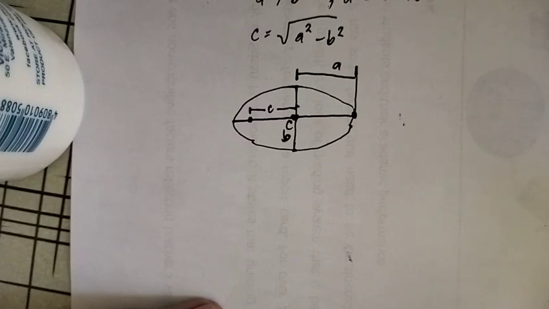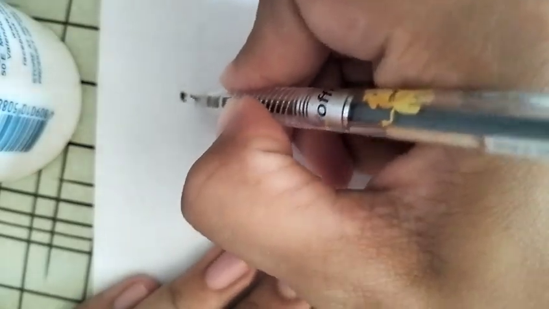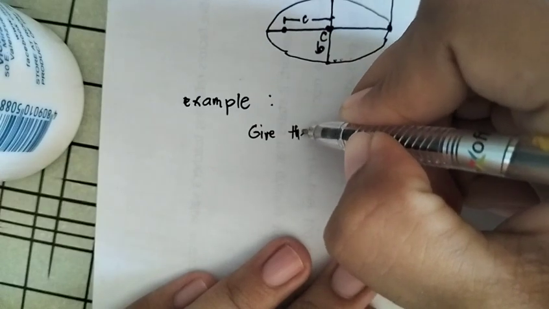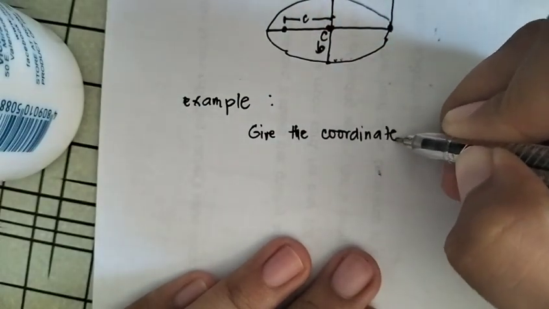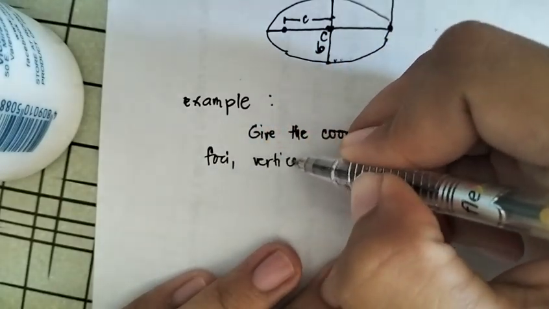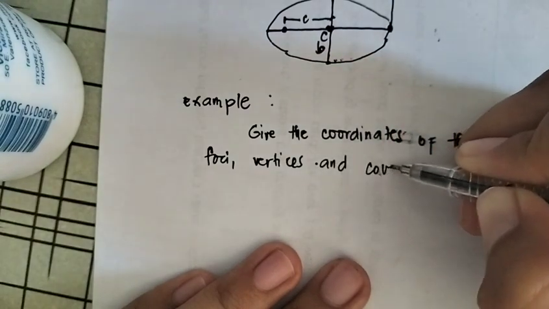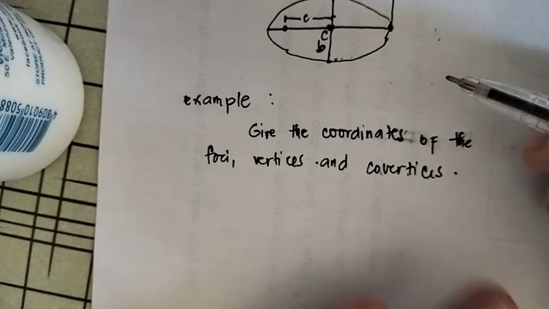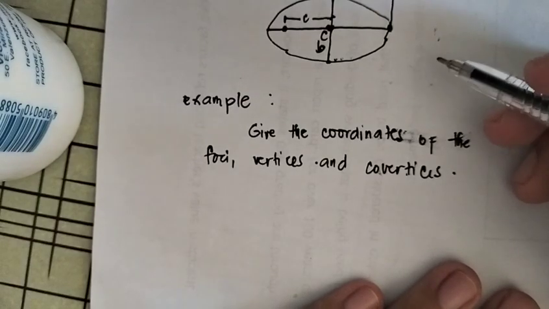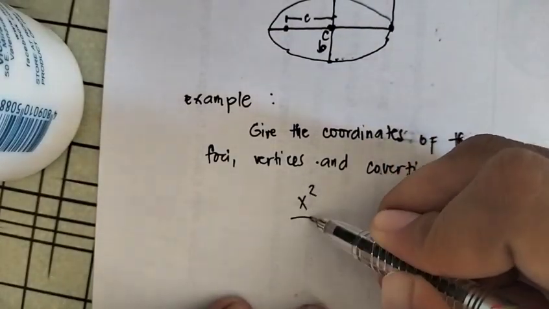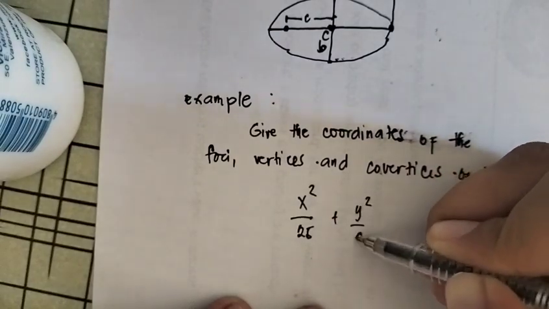So, let's have an example. Give the coordinates of the foci, vertices, and co-vertices of the ellipse, with the equation x squared over 25 plus y squared over 9 equal to 1.